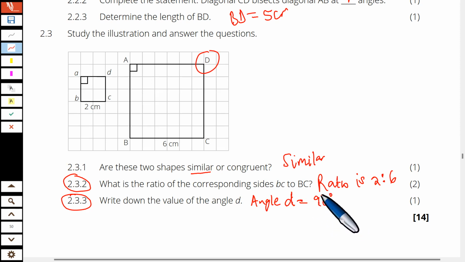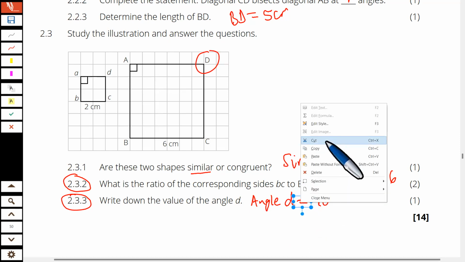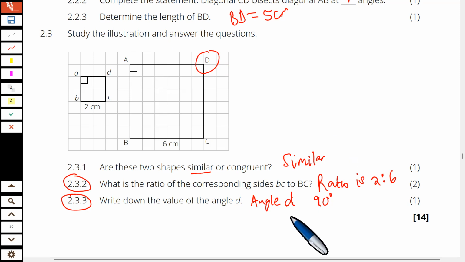Oh, they wanted the measurement. So angle D is equal to 90 degrees.